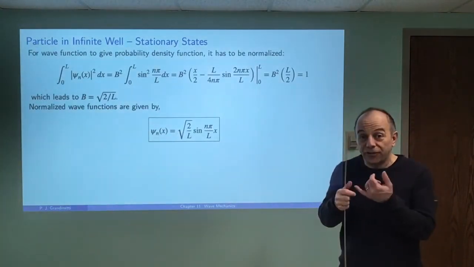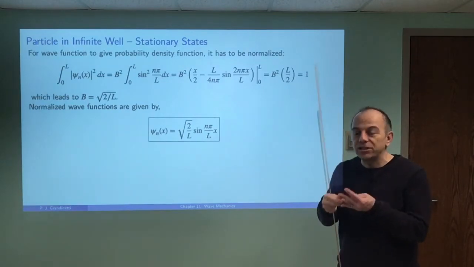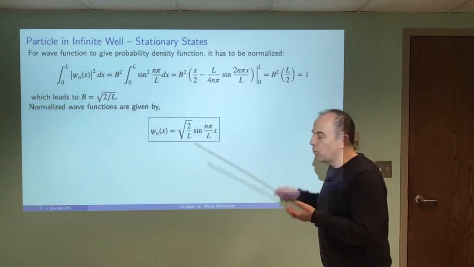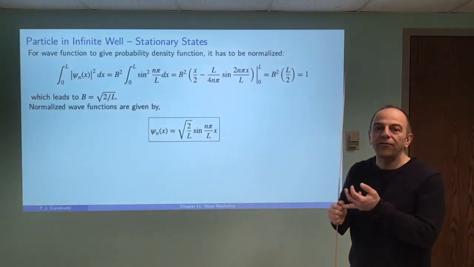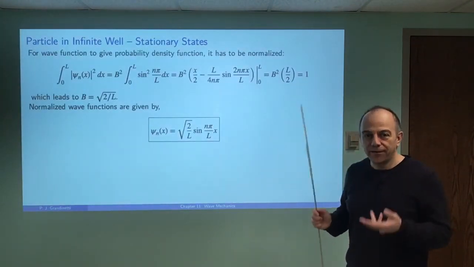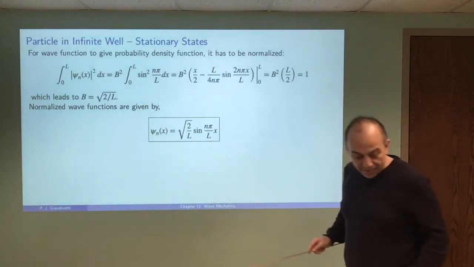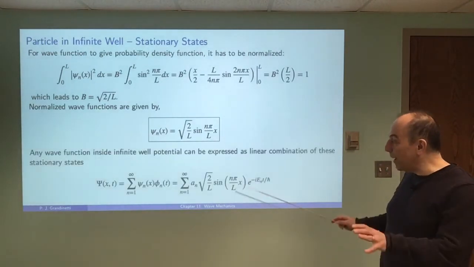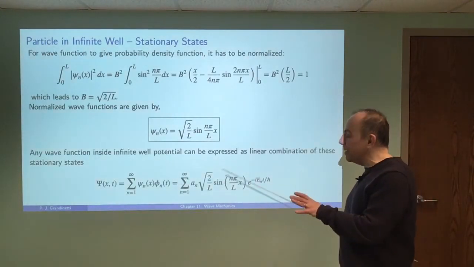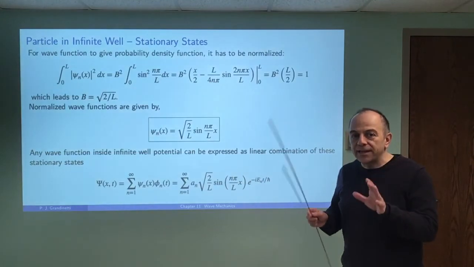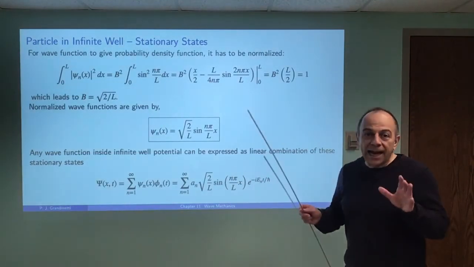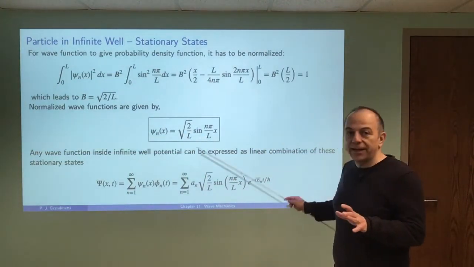So we've now solved for the energy of this system, and we've solved for the wave functions. These are the stationary state wave functions, the normal modes of this problem. And here we have the solution. Now you remember that the particle inside this box can have any kind of wave function that's a linear combination of these.